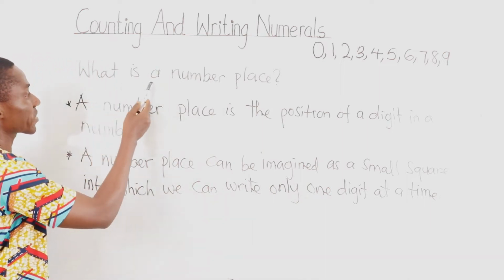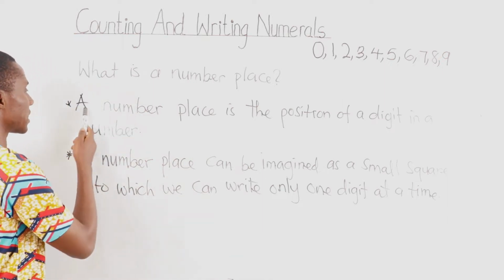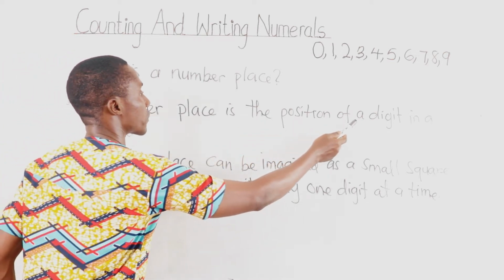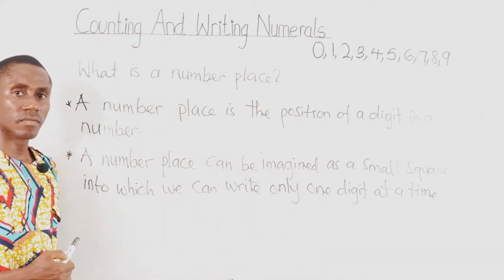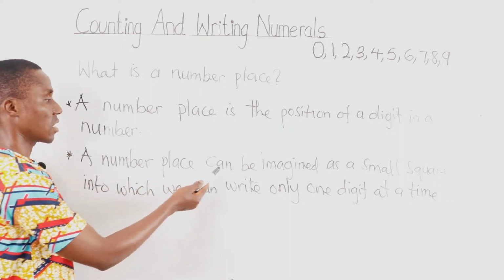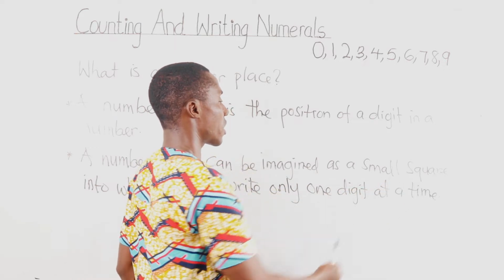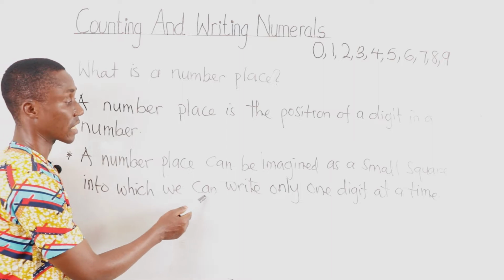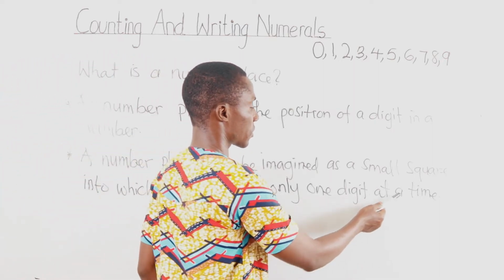So what is a number place? And the answer is a number place is the position of a digit in a number. Or we can also say a number place can be imagined as a small square into which we can write only one digit at a time.